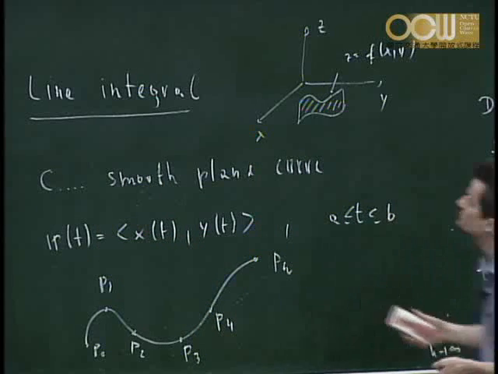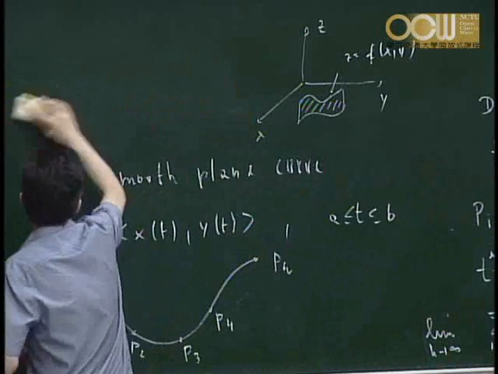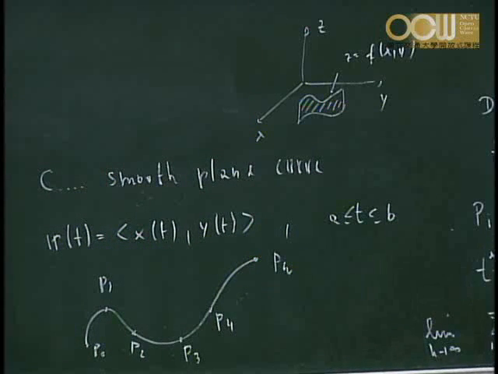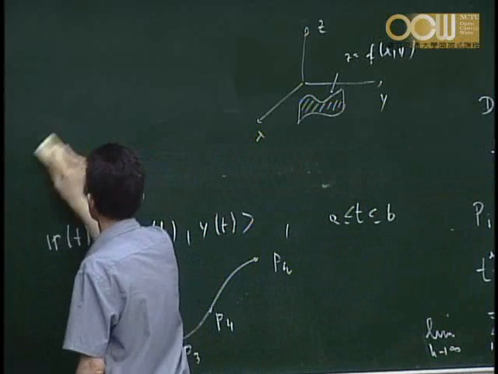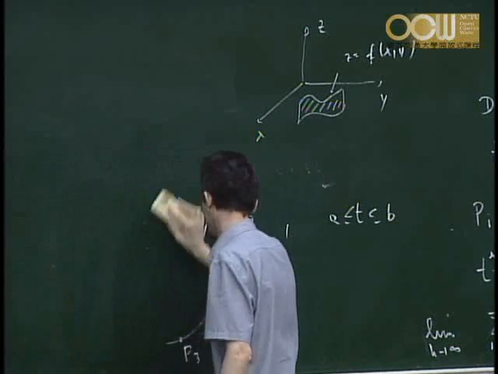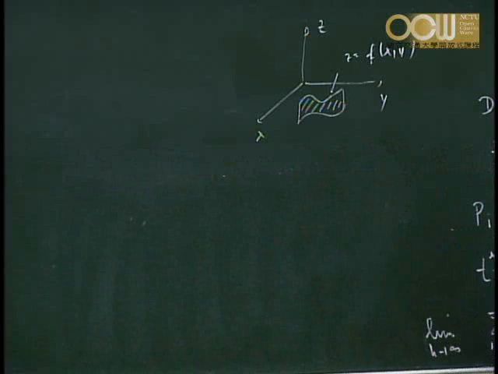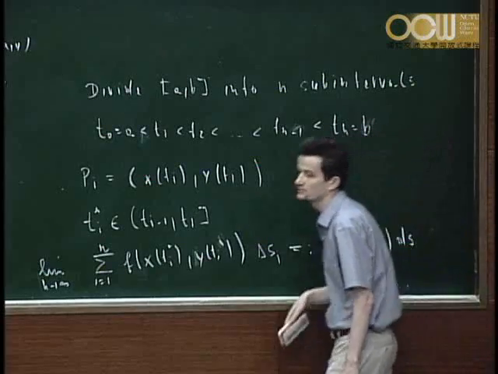So this object makes sense. Now, of course, the first interesting question from a mathematical point of view would be, for which functions f does this object exist? And similar to the usual integral, it can be proved that if f is continuous, this limit will always exist and will not depend on the choice of the sample points. So in this case, the line integral exists.